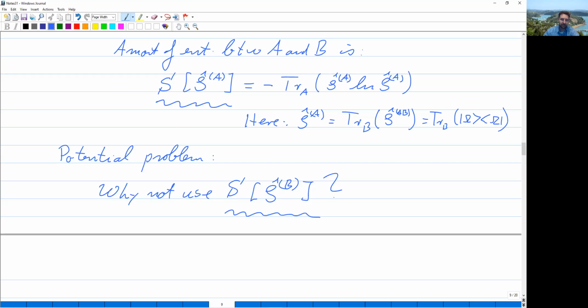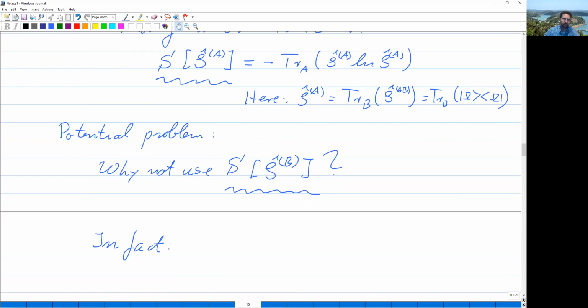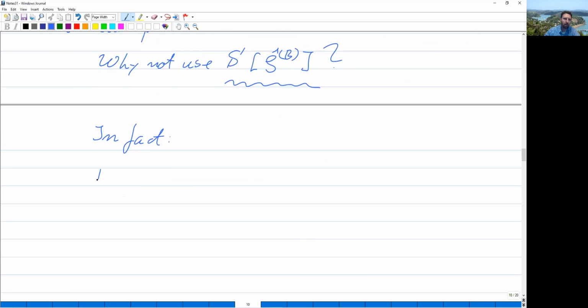In spite of that example of the elephant and the hydrogen atom, it's still true that, in fact, and here's a proposition: the von Neumann entropy of subsystem A is the von Neumann entropy of subsystem B, no matter how big or small each one of them is.